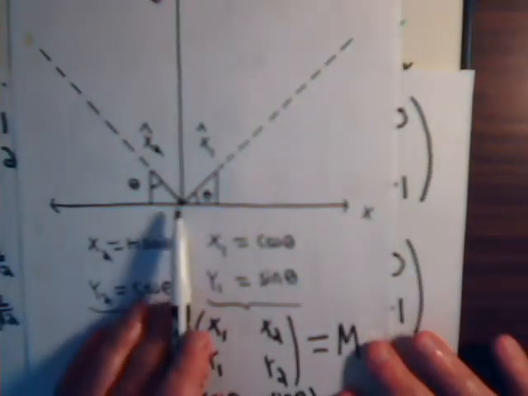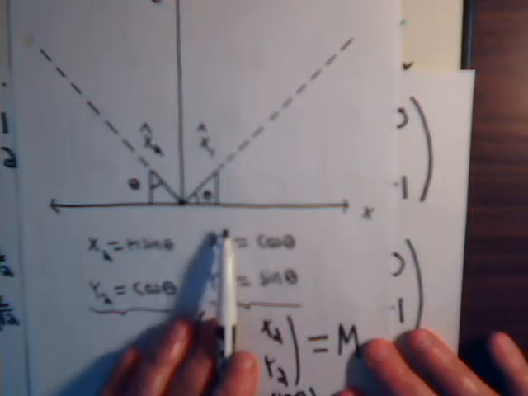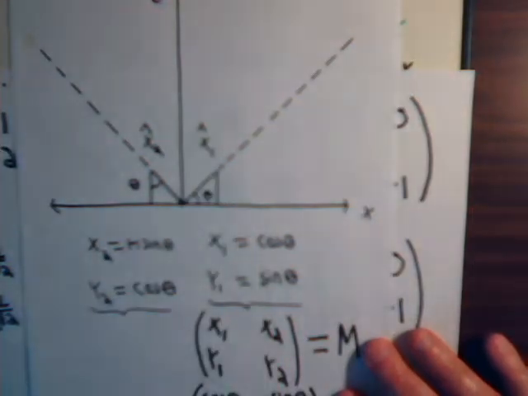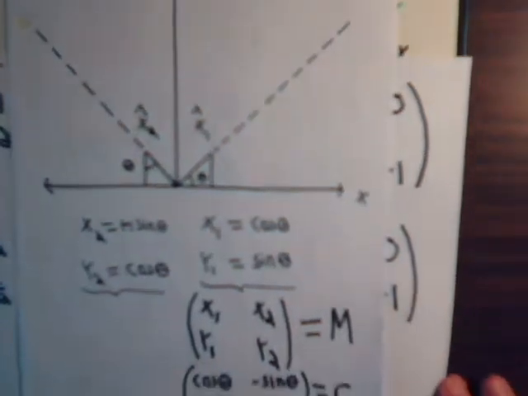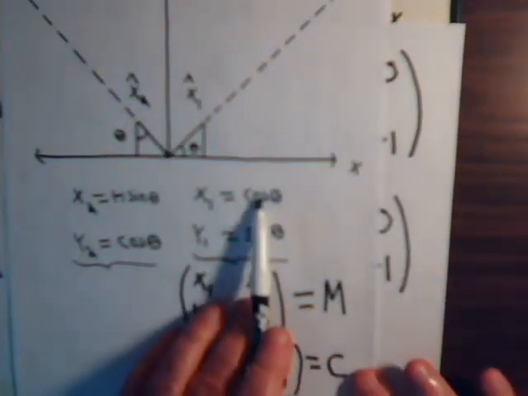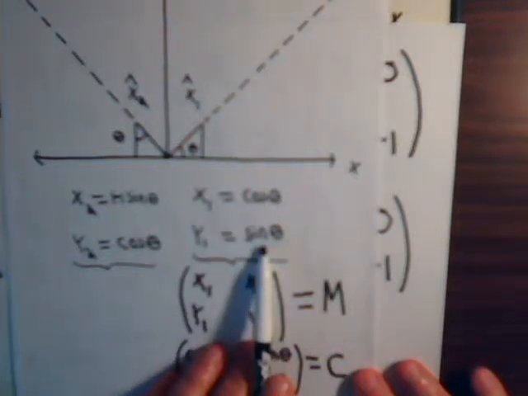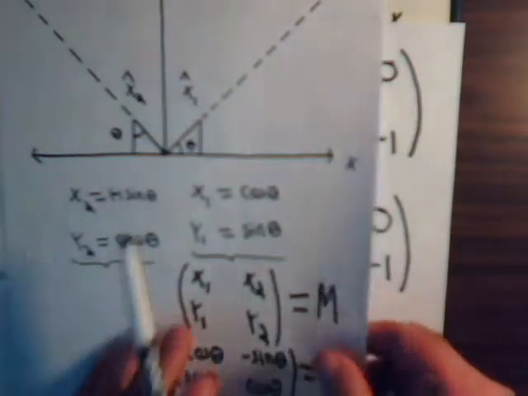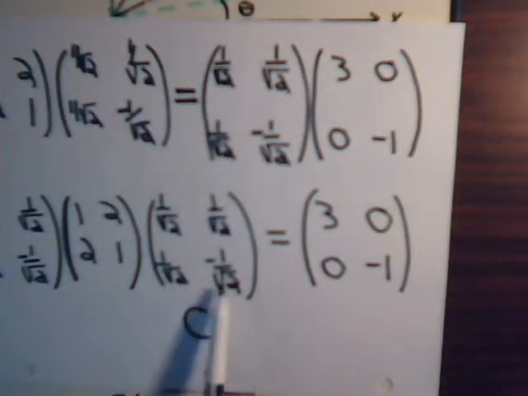Okay, this was going over 1 over the square root of 2 and go up 1 over the square root of 2. So theta is 45 degrees. So what's the cosine of 45 degrees? 1 over the square root of 2. Same thing for the sine. It's 1 over the square root of 2. So this is just, again, the rotation matrix.